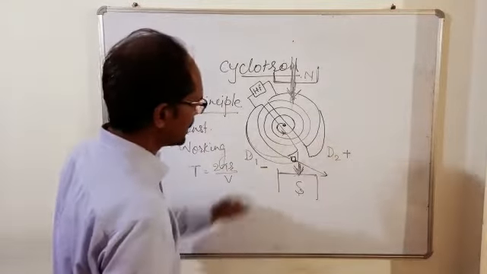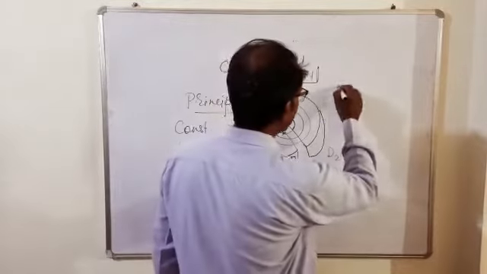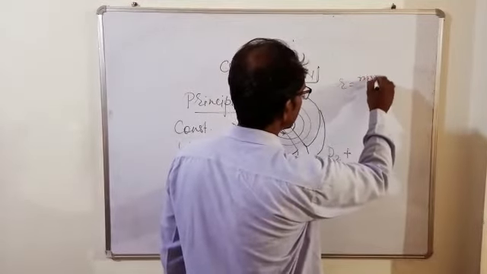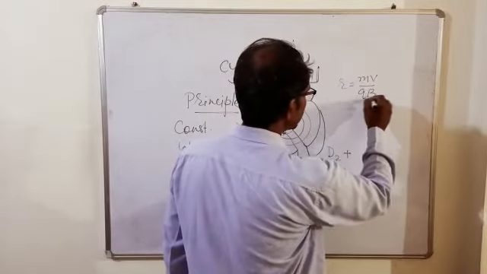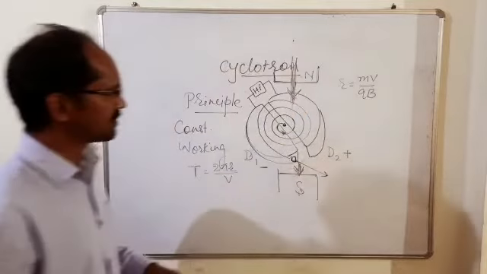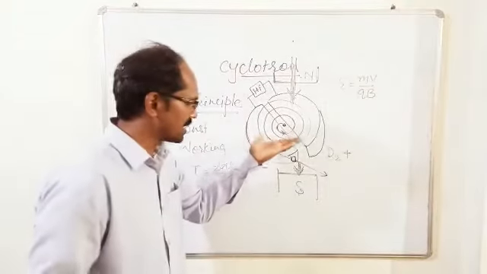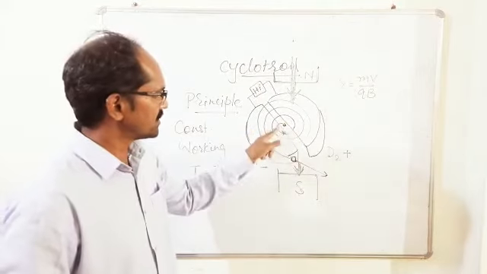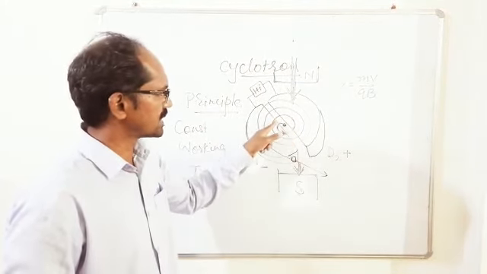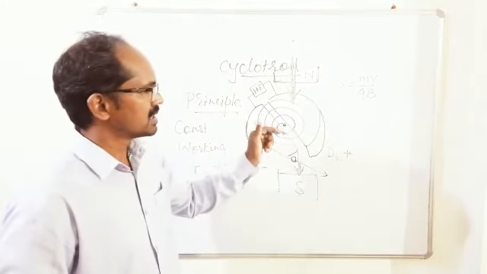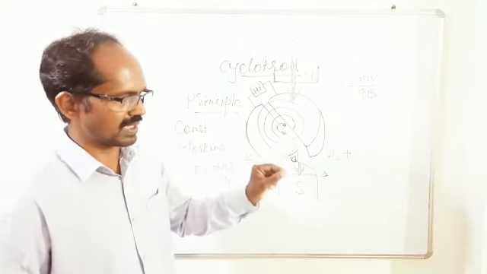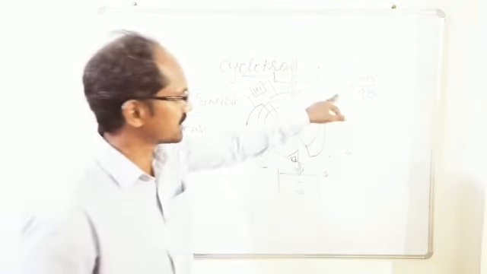Generally we know the formula that r is equal to mv upon qB, and that comes with the condition that when any charged particle is moving in a magnetic field, the centripetal force is balanced by the force qvB, and by that condition we get this relation.